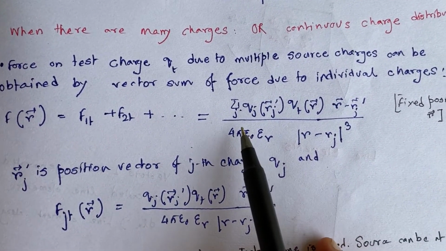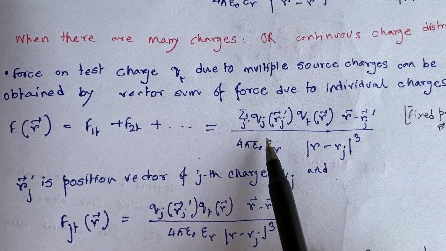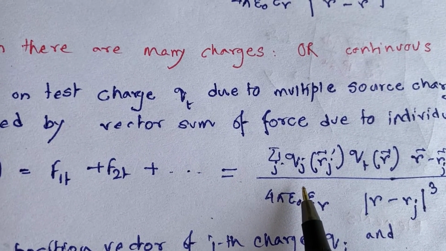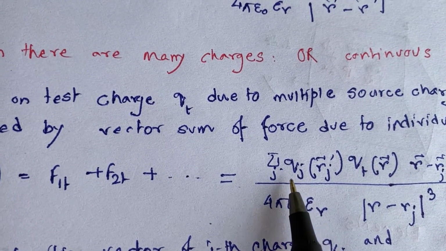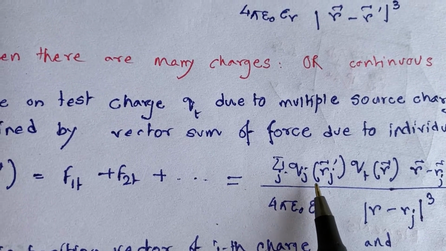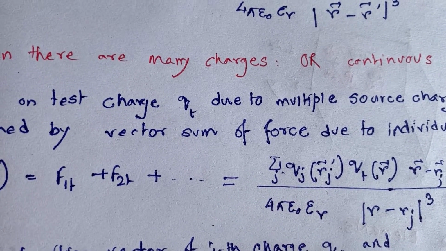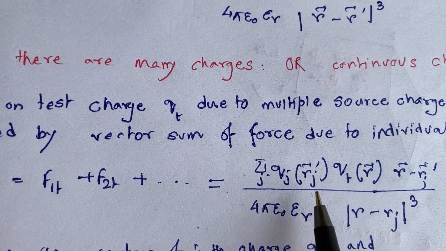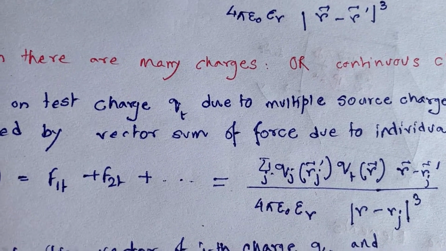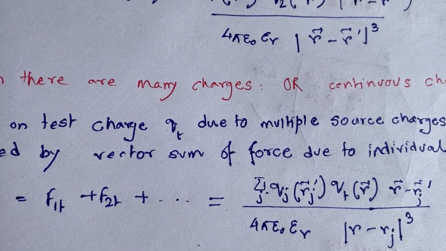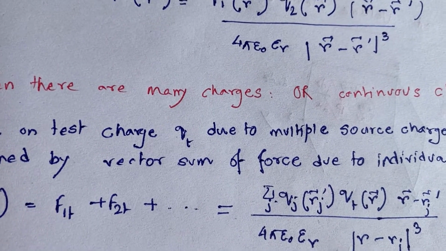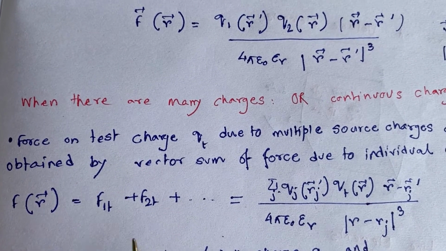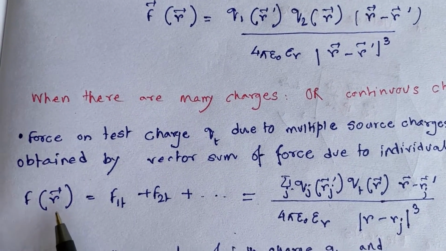Suppose there are n number of source charges, so we need to calculate the force between Q1 and Qt, between Q2 and Qt, Qt is the test charge, between Q3 and Qt. Then we need to make a sum of all these forces, and this is called the superposition of forces. This is the resultant of all the forces.